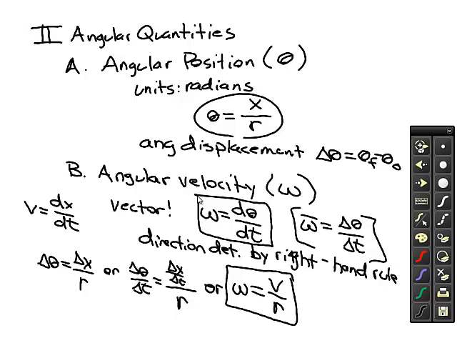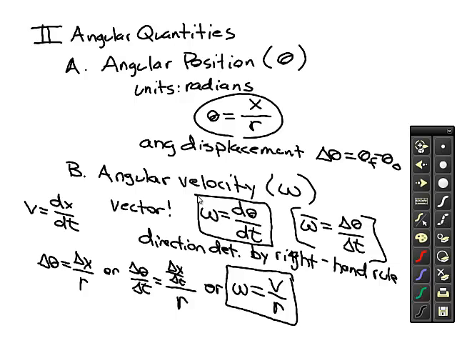So if it's turning at 20 radians per second, that's the omega. I also know that the radius of the wheel is half a meter. So if omega is v over r, v is omega times r, and the need for radian measure becomes really pretty clear.